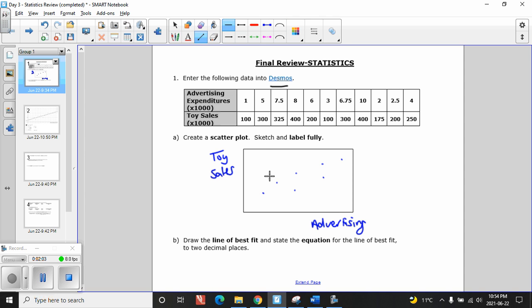We can also add to that a line of best fit. Again, it's a really rough sketch, but it is labeled to say what's on each axis. So next job, find the line of best fit. I've drawn a rough one here, and I'm going to flip back over to the Desmos screen, and we'll find the equation for that line to 2 decimal places.